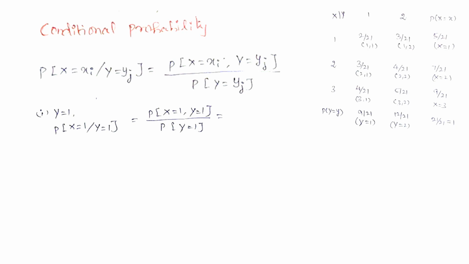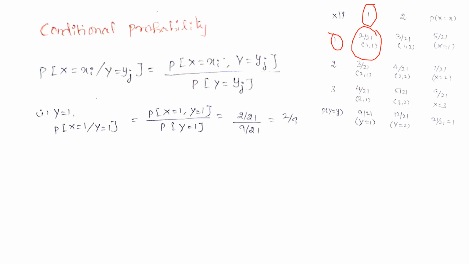From the table, the value for x equal to 1 and y equal to 1 is 2 by 21.